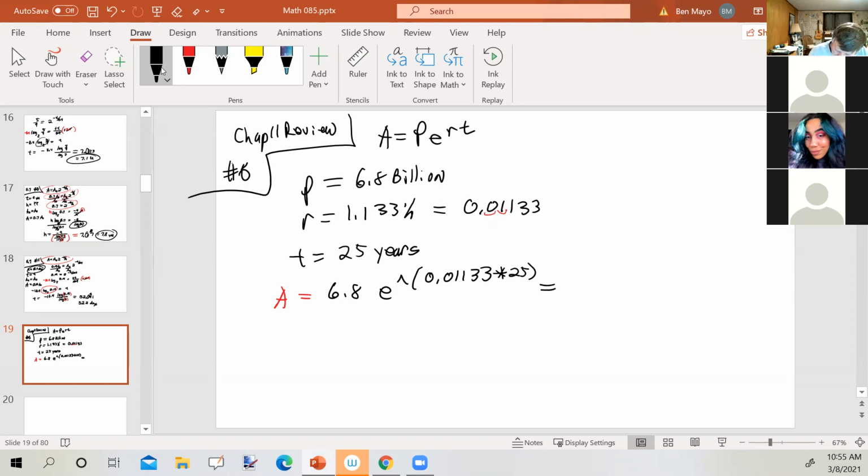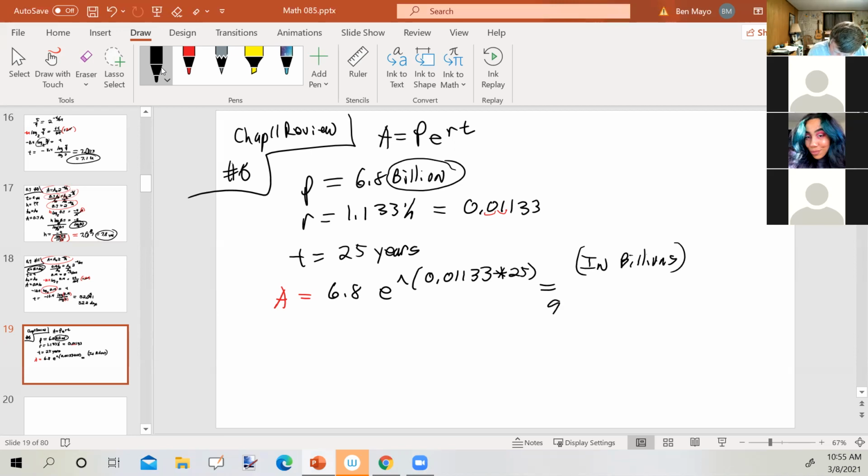Okay, over here, I'm going to write in billions because the number 6.8 is in billions. All right, so 6.8 times e to the 0.01133 times 25, close it up.